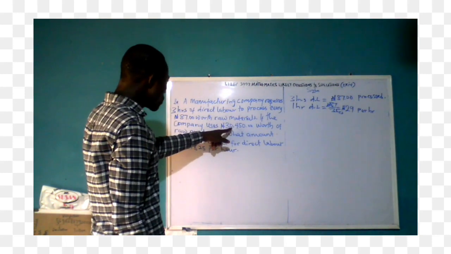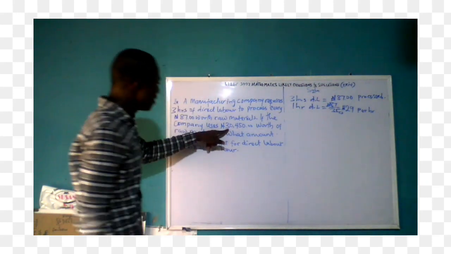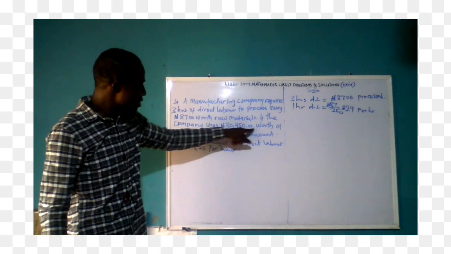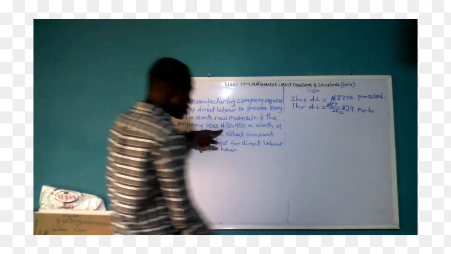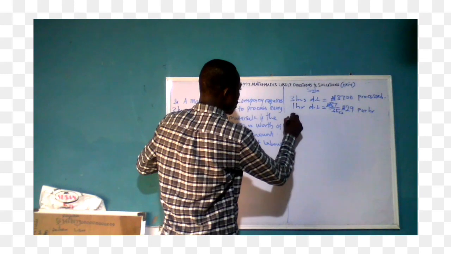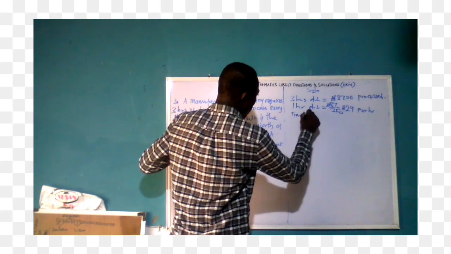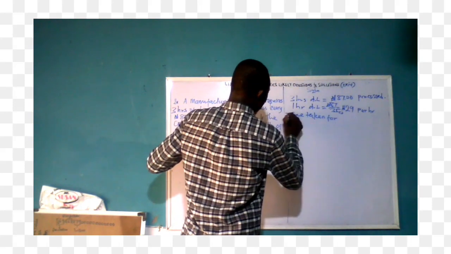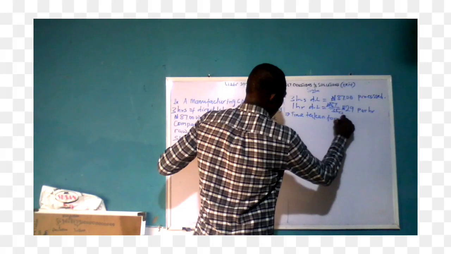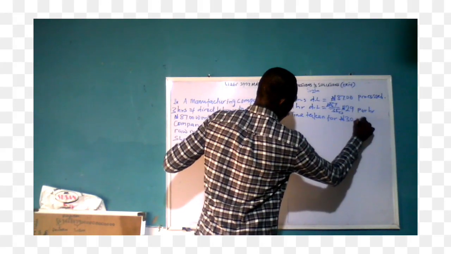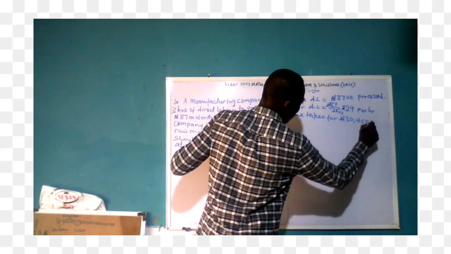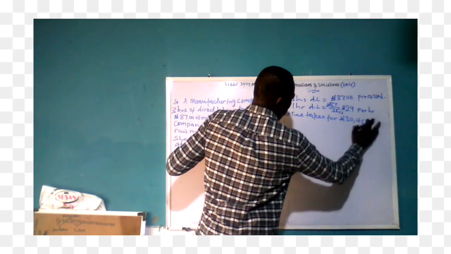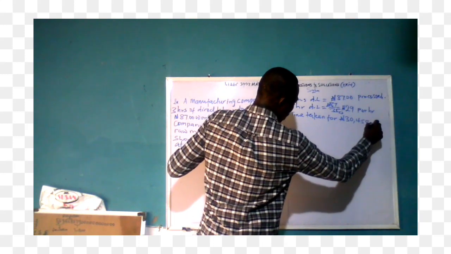It just means that for us to know the time it will take for this raw material to be processed, we will have to do some calculation. So the time taken for 30,450 naira raw material to be processed.